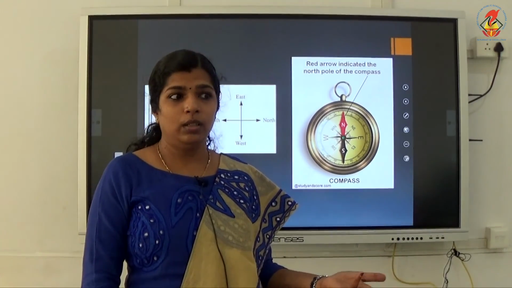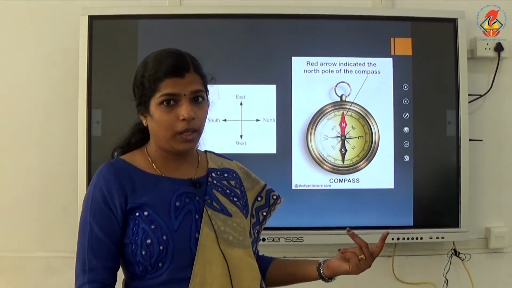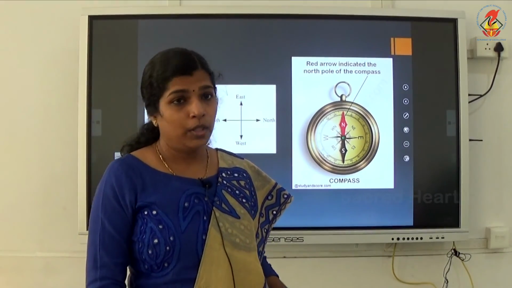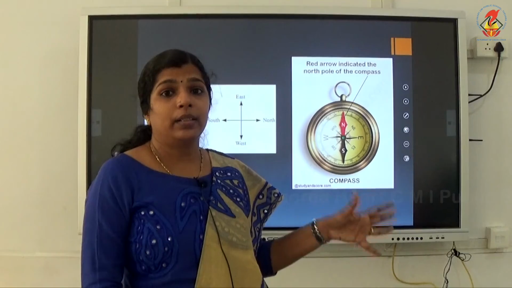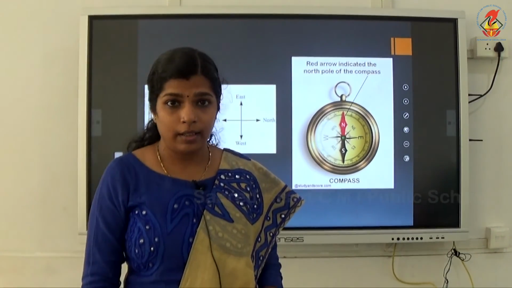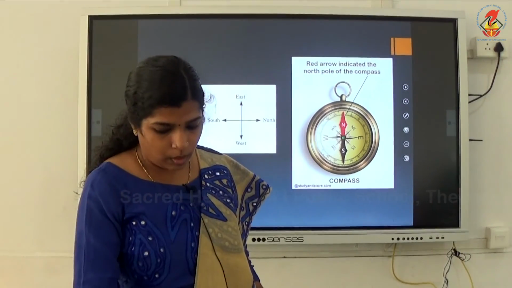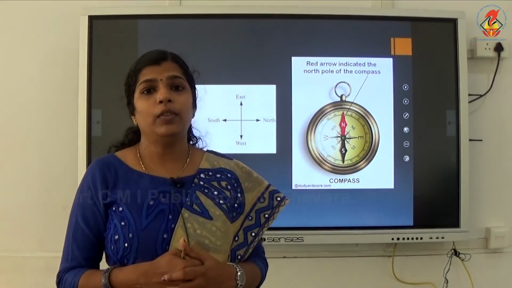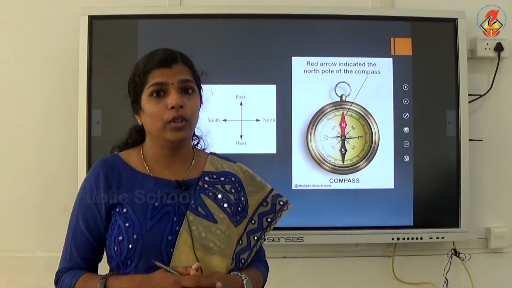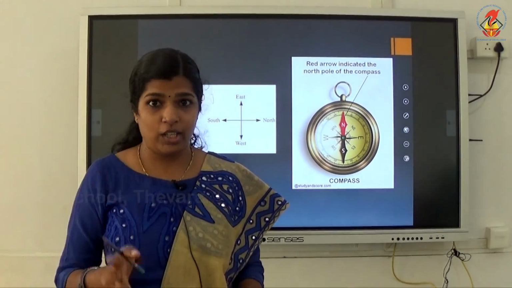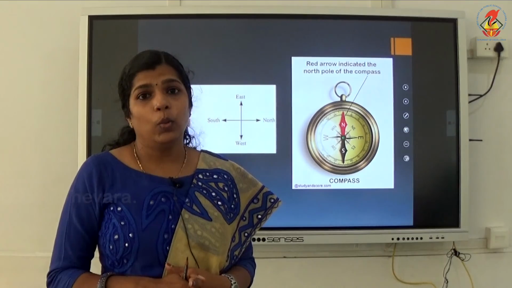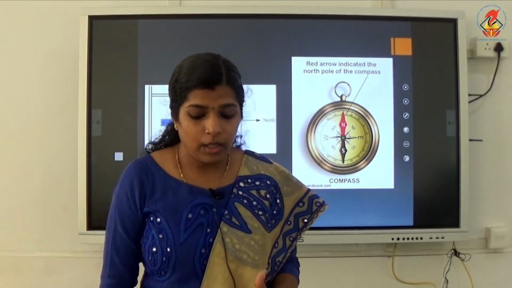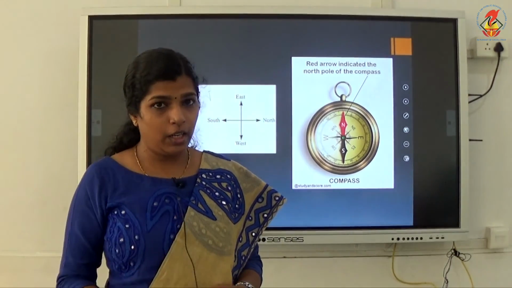Nowadays, GPS and so many things are there to find directions, but in olden days that was not there. So, they used the magnetic compass to find direction. Before the invention of the magnetic compass, people normally found directions with the help of the stars or constellations. So, why do we prefer a magnetic compass over the stars to find direction?